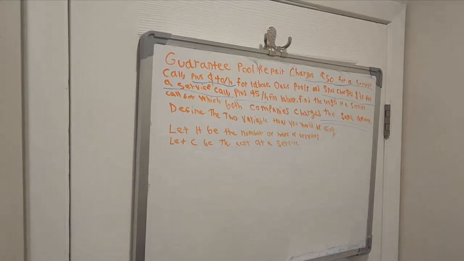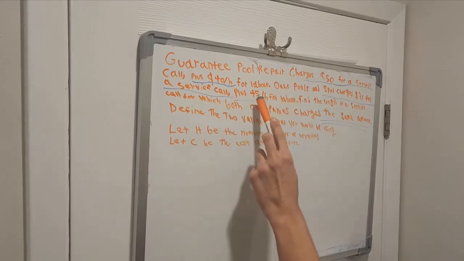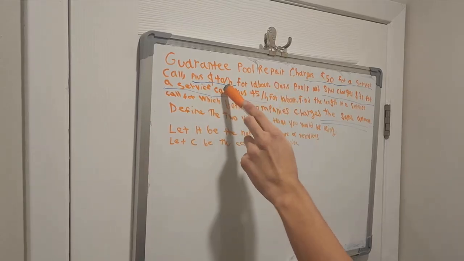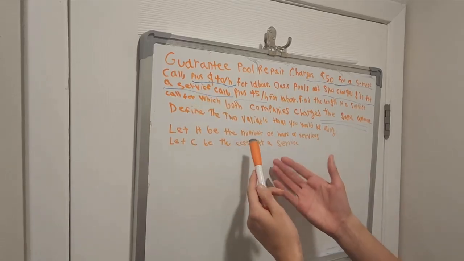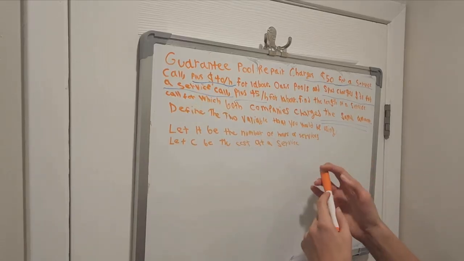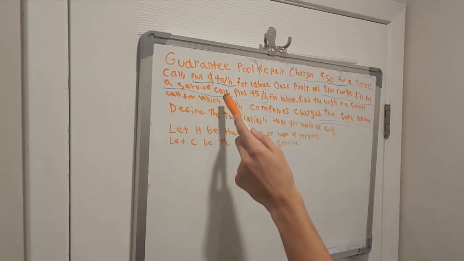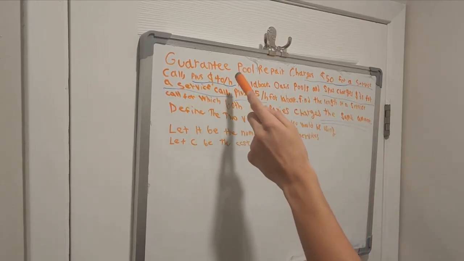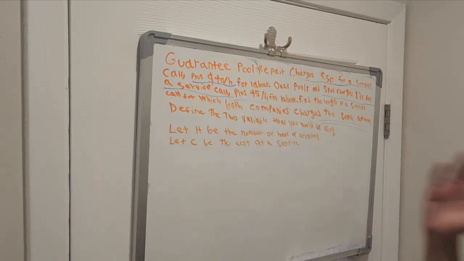There we go. I'll explain now, because H should be the hours, for 45 hours, 40 hours, and yeah. It should be the number of hours of service, because it's supposed to be a service, right? So a service call, $40 per hour, $45 per hour for service.